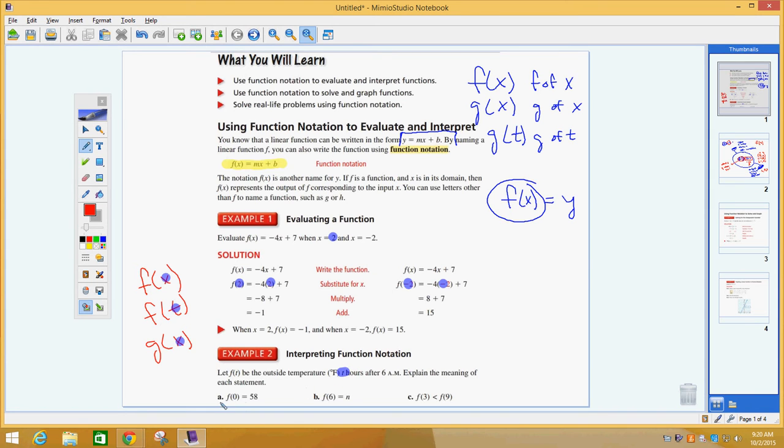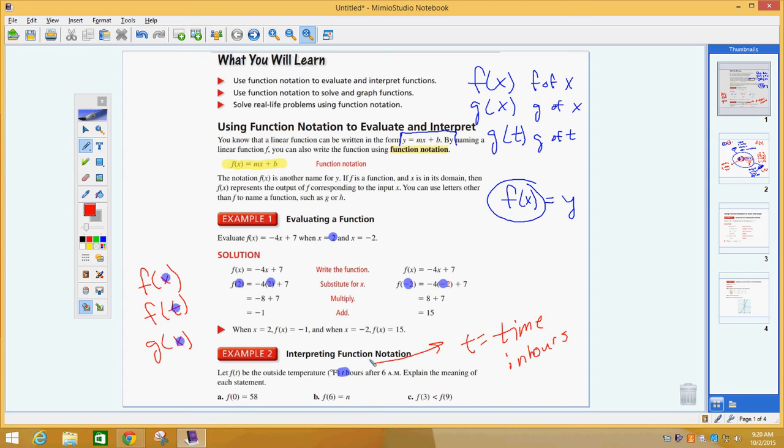Well, if I have f of 0, where T is equal to time in hours, what this is really saying is, when the time is 0, what's the temperature?